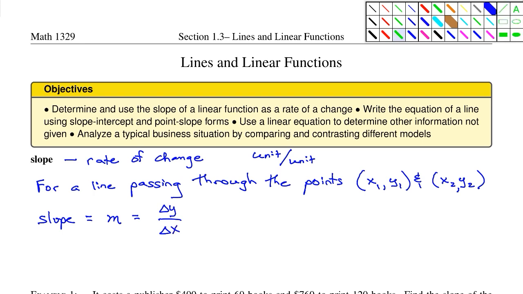This symbol delta means change. So that literally means the change in the y's divided by the change in the x's. So you would get y2 minus y1 over x2 minus x1.